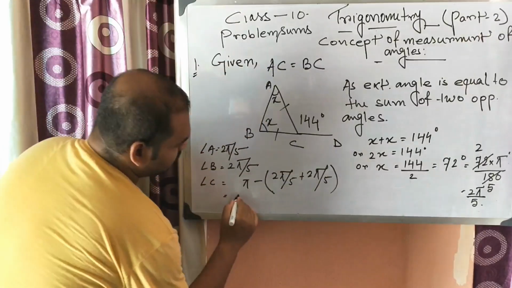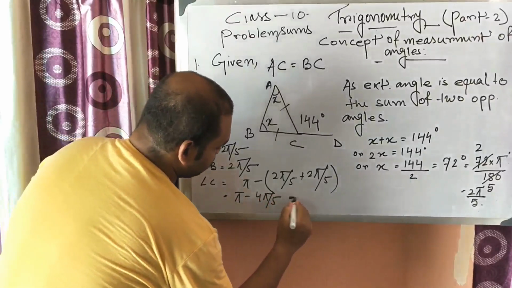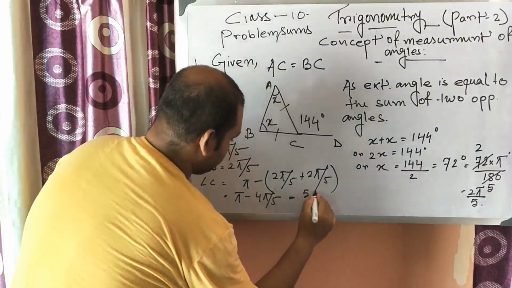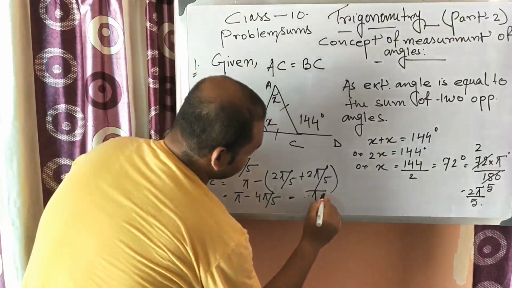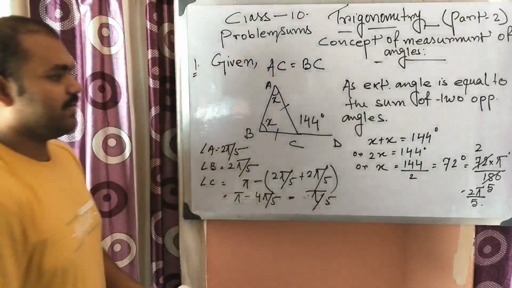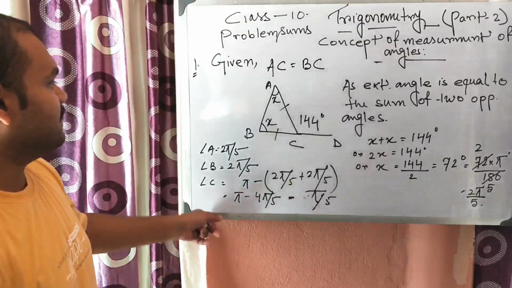It will be pi minus 4 pi by 5, so angle C is pi by 5.